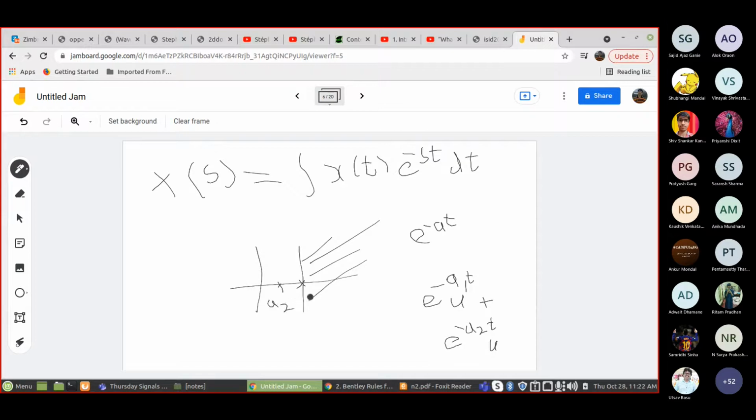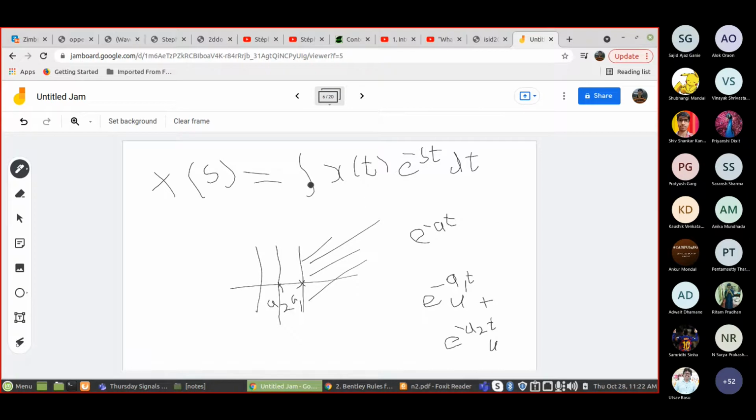A2, for example, is greater than a1. Individual integrals will converge either to the right of a1 or the right of a2, and for the entire sum to converge we have to take everything to the right hand side of the pole.